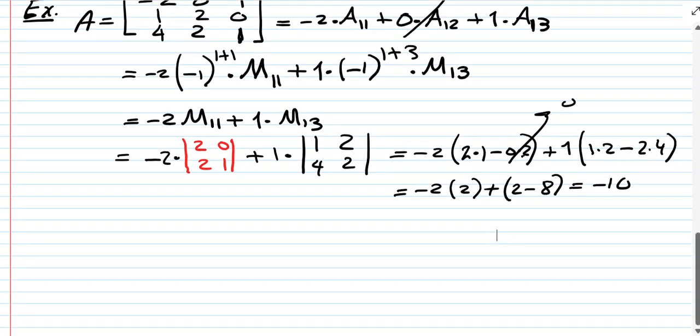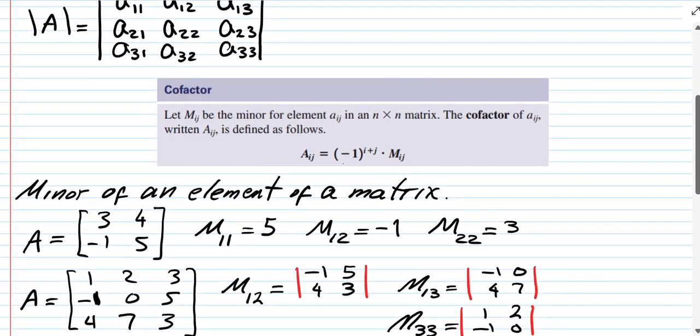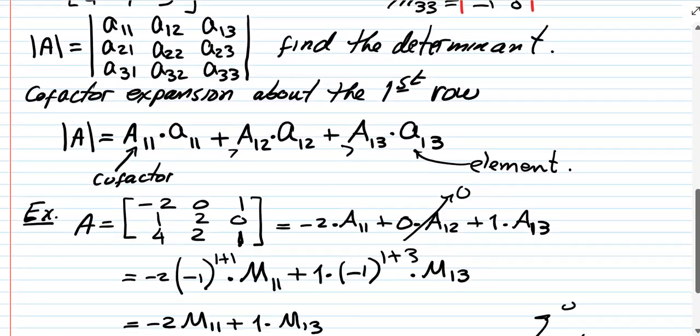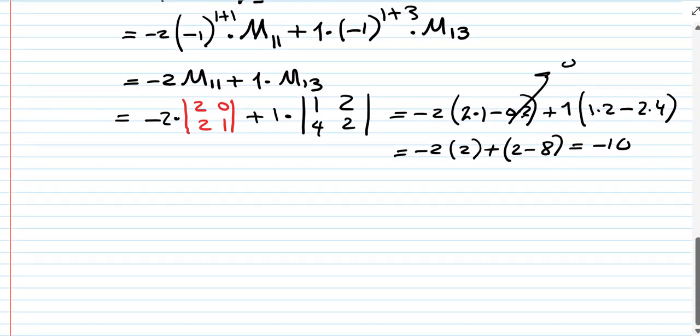Now, the sign on the cofactors, we can actually create a sign chart, so we don't have to bother with that part in our formula. Here's what the sign chart looks like for a 3 by 3 matrix. This is negative 1 to the i plus j.